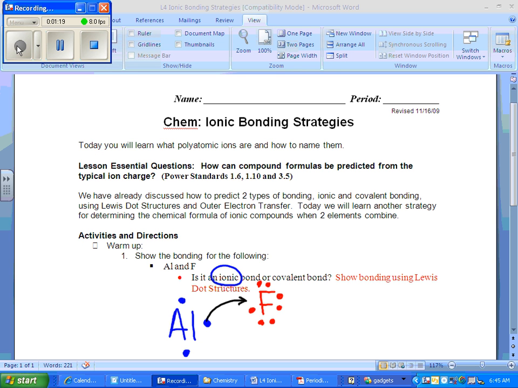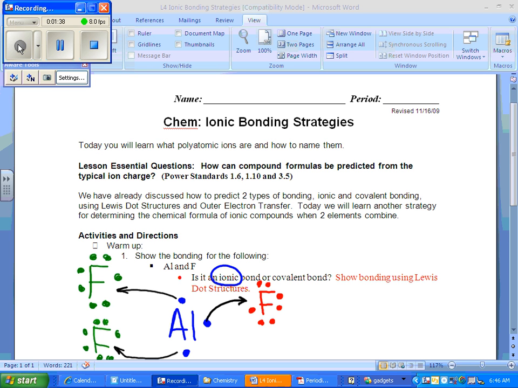Fluorine's all done, so we're going to have to add more fluorine in order for aluminum to get a full valence electron shell underneath, which is going to look like 0 when we take them all off, but really underneath it's a full 8 valence electron shell. So aluminum is going to transfer those extra 2 electrons, each to 1 fluorine. Then aluminum's all good underneath, all the fluorines are good, and we're done.